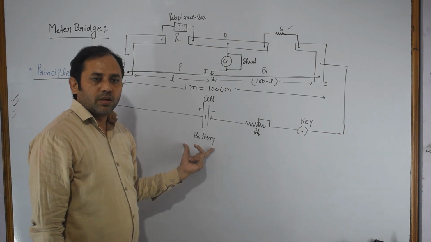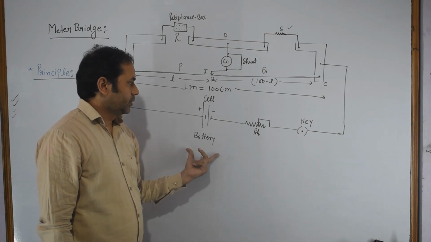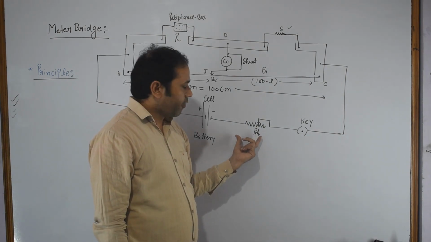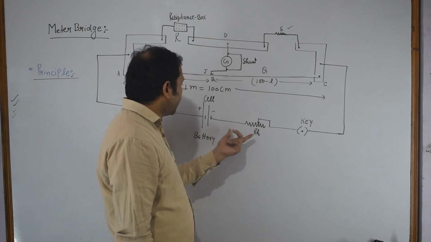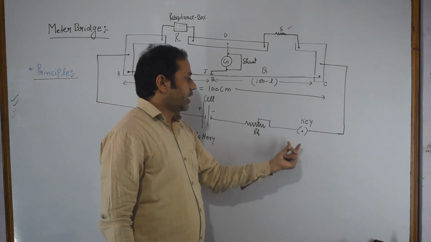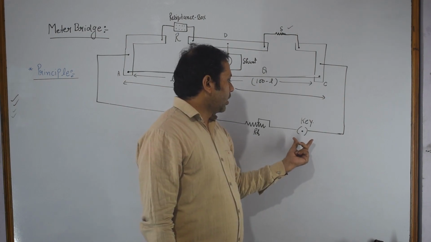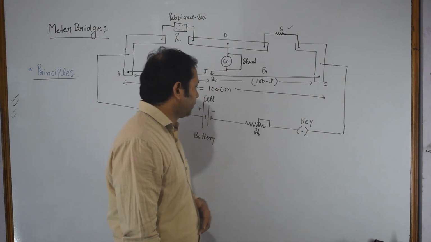You may use a battery eliminator in the lab, or a rheostat for varying the current in the circuit, and a key for open and closed circuit measurement.